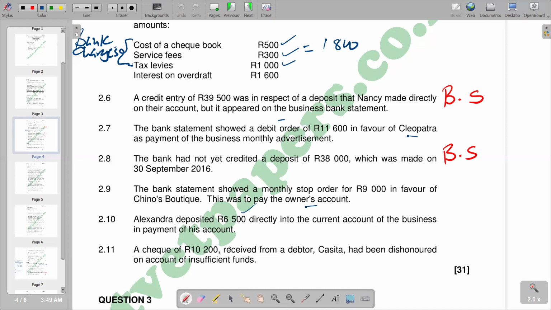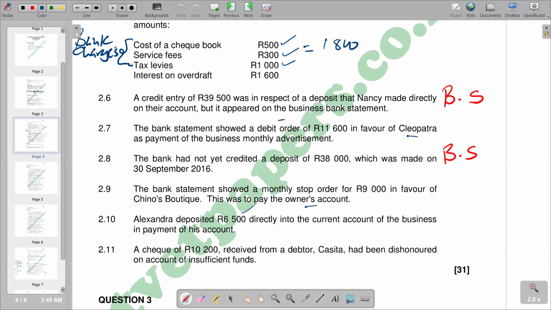And if it's processed at the bank, it's supposed to go to the debit side of the bank statement. But this check is not processed. It was returned due to insufficient funds. So it means we have to remove it in our books. Remember, it's already appearing on the credit side of the cash book. So we have to remove it. By removing it, we go to the debit side of the cash book. And obviously, this is 10,000.